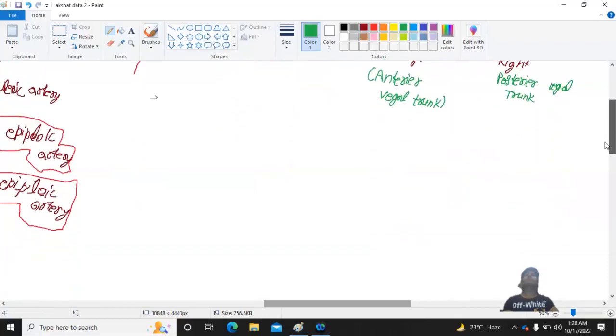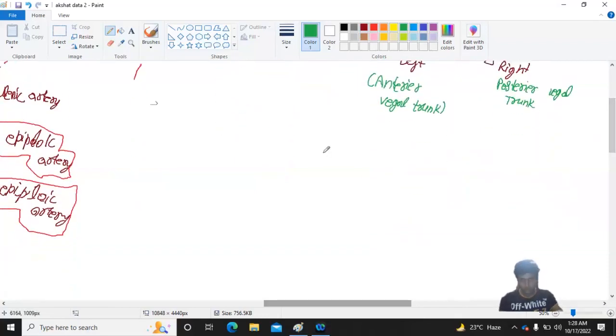So how does this supply? First, again we draw the small stomach region for left side and right side, basically anterior and posterior.